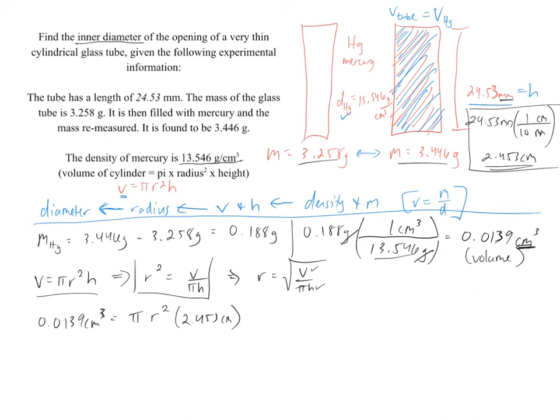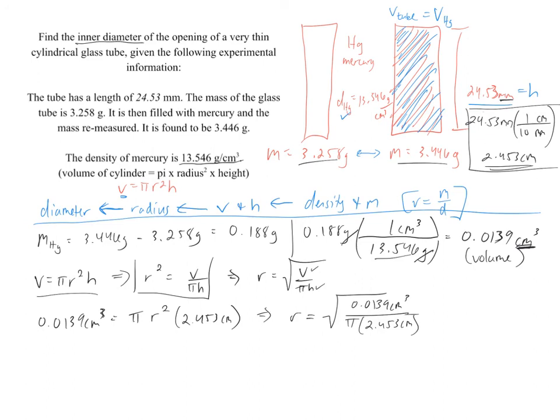Okay, now getting r by itself, I'm going to skip this part in the middle, guys. So r equals the square root of 0.0139 cubic centimeters divided by pi times 2.453 centimeters.